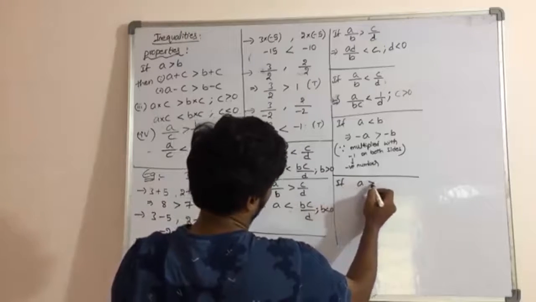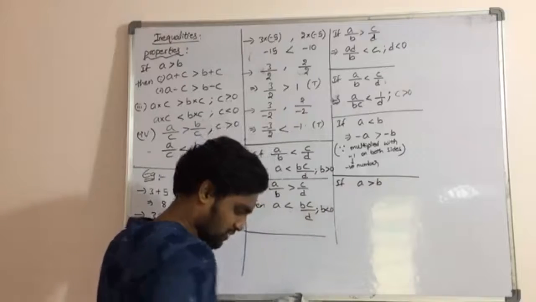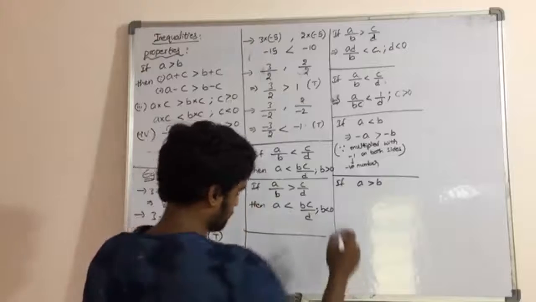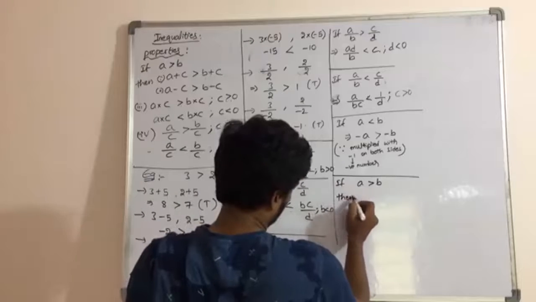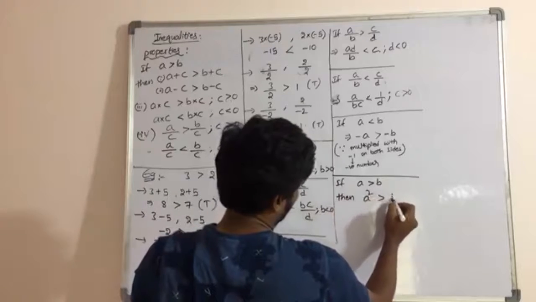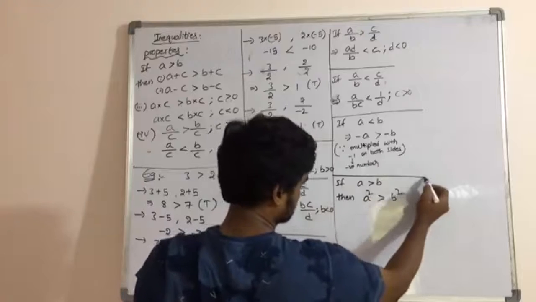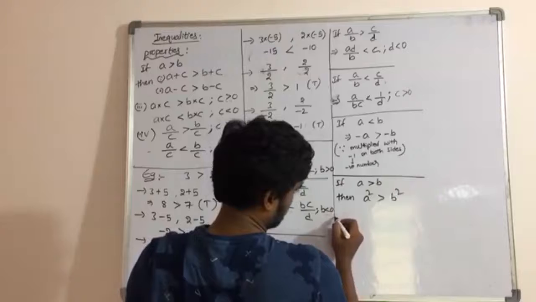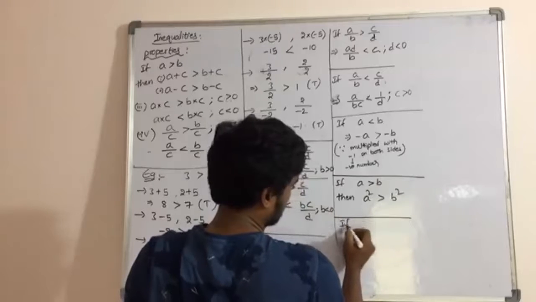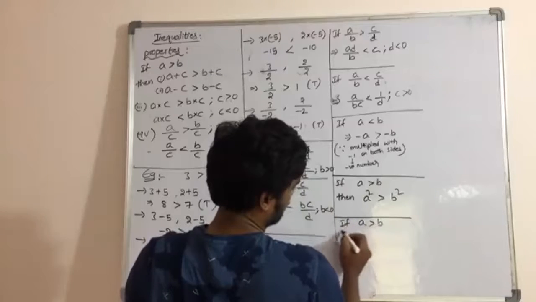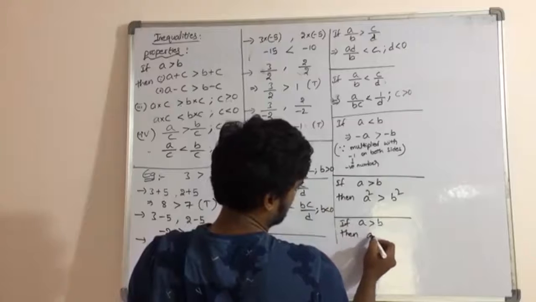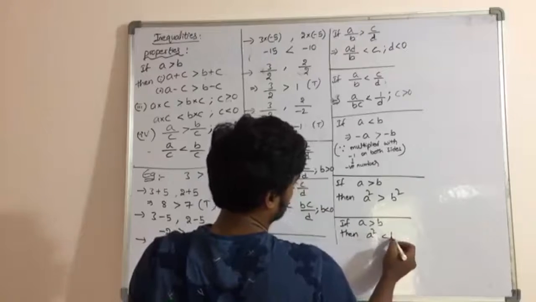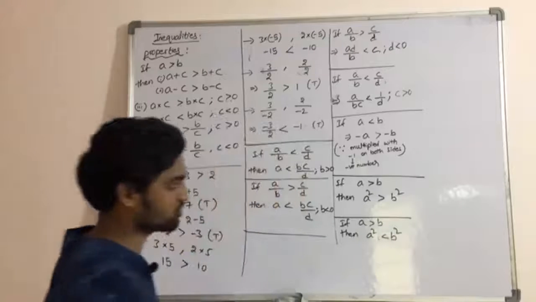Now, if A is greater than B, then A square is greater than B square. When is that possible? And if A is greater than B, then A square is less than B square. When is that possible?